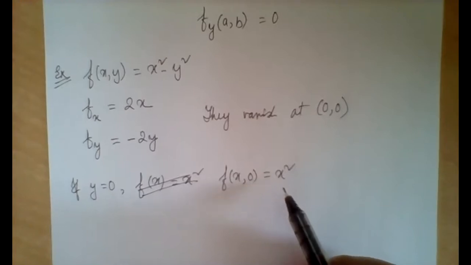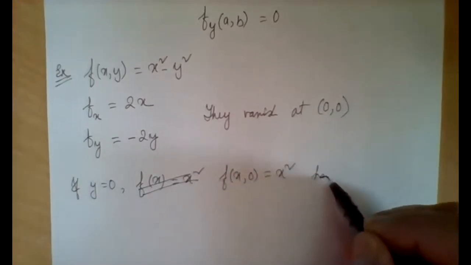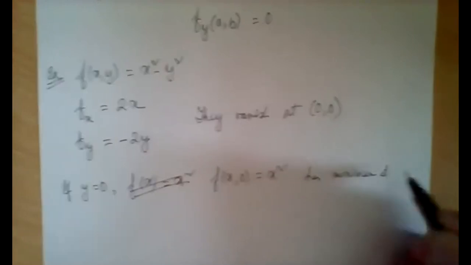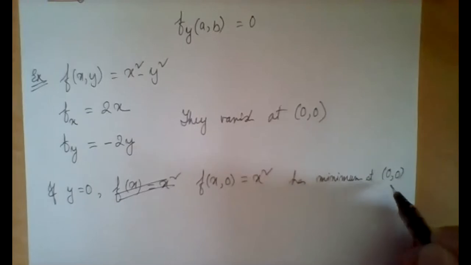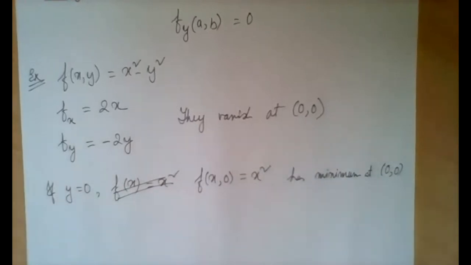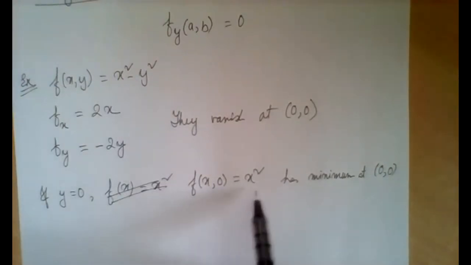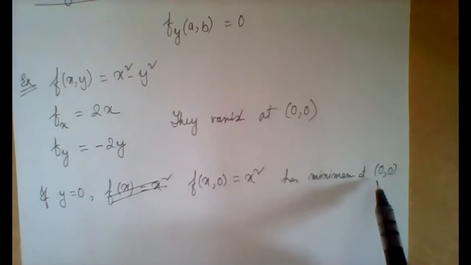So this function has a minimum at the point (0, 0). When x equal to 0, y equal to 0, this function has a minimum. So if I consider this as a function of only x, it has a minimum at the origin.